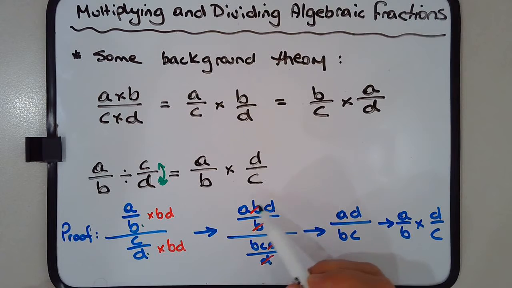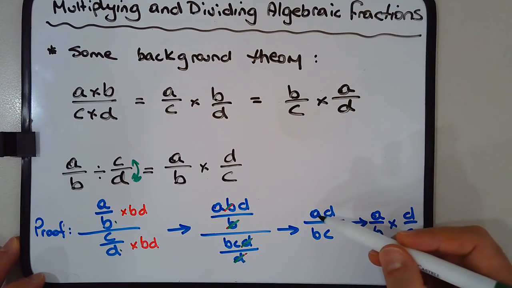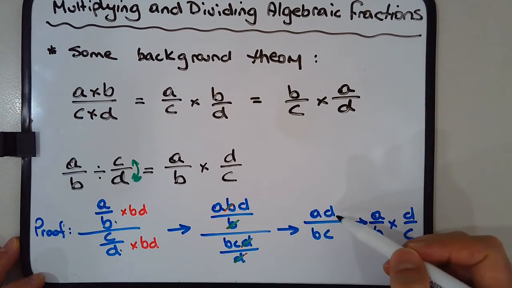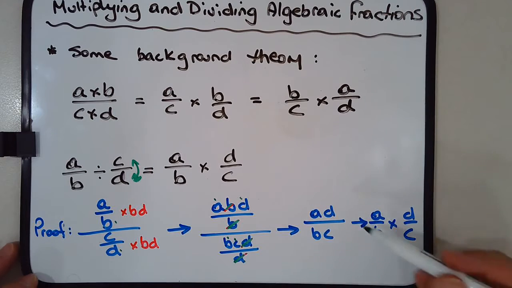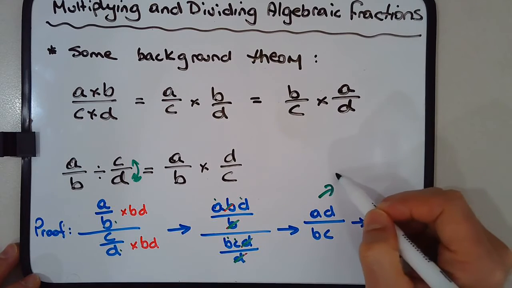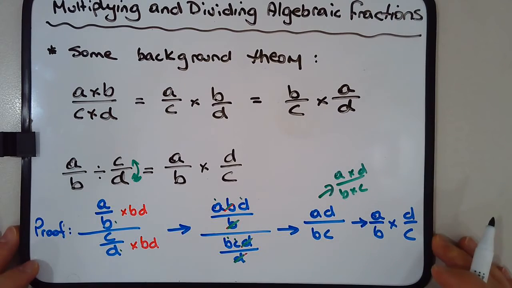Now we can cancel the b's and we can cancel the d's. That's why I've crossed them out. So this cancels with that, and this d cancels with this d there. So we end up with ad over bc. And ad over bc is really the same as a times d over b times c.